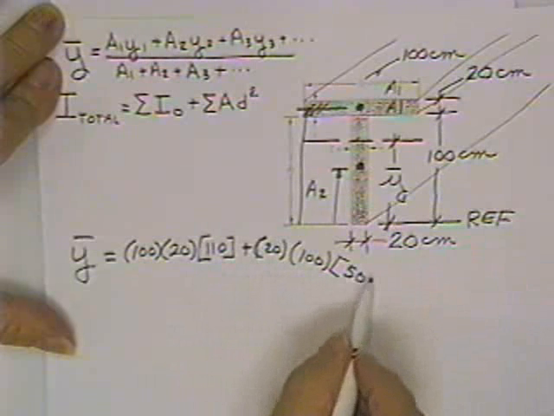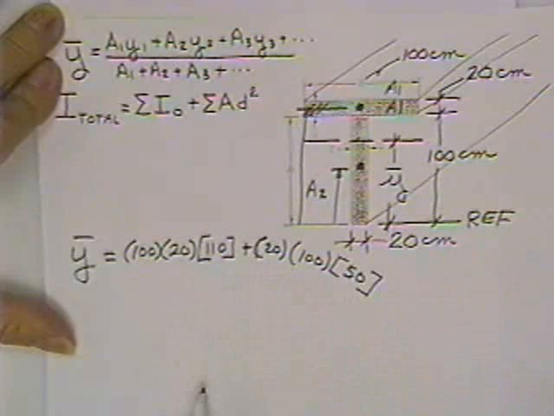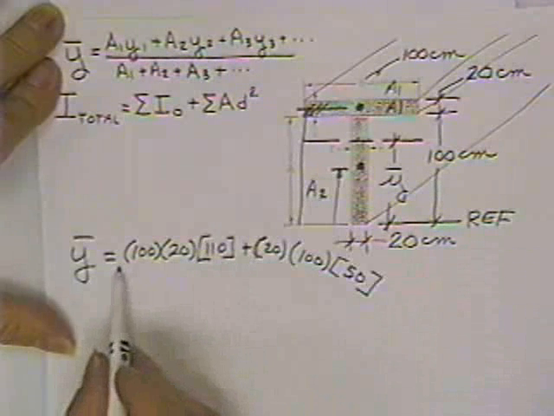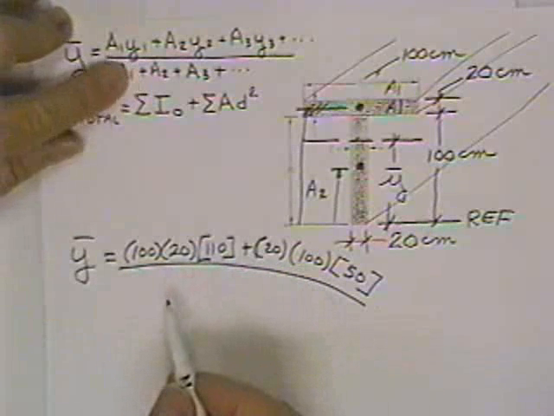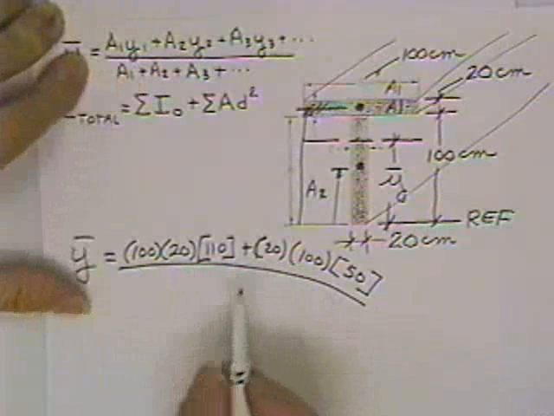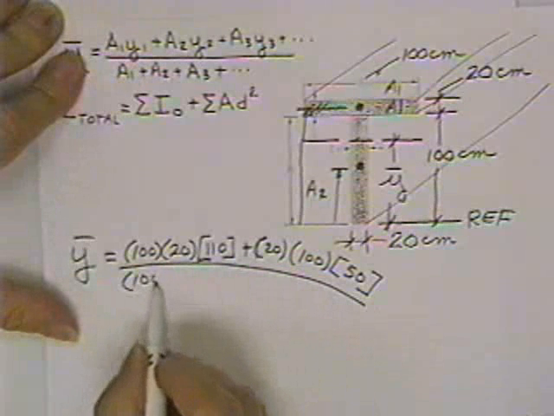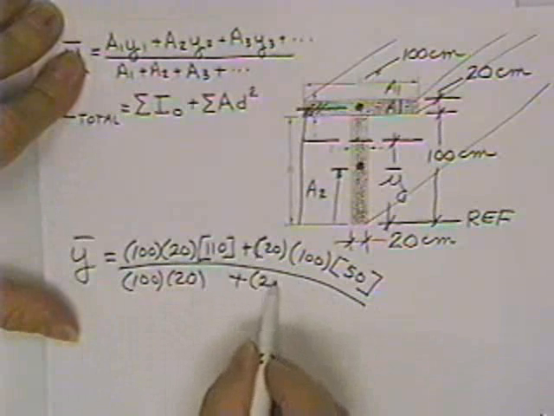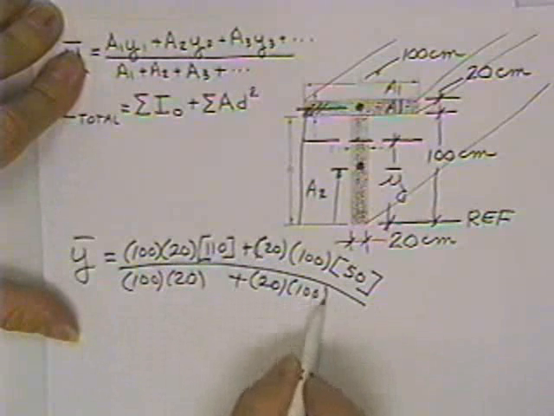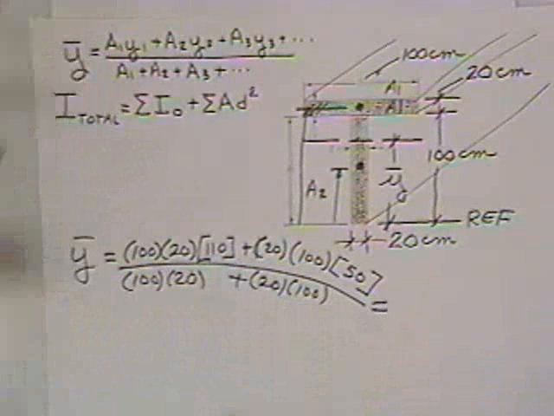It happens to be 50 centimeters up in the air. Divided by area 1 plus area 2. Area 1 is 100 times 20 plus area 2 is 20 times 100. Well, if you can give me a number for that.